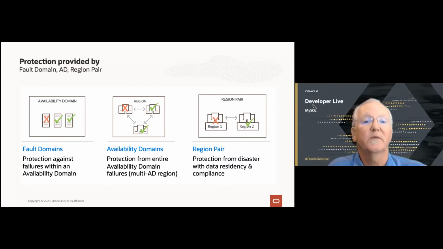Fault domains protect against failures in the ADs. ADs protect regions and regional pairs, and our goal is to have regional pairs in every country so that you have another data center to fail over to. We plan to have a minimum of 2 regions in almost every country where we operate, giving you very high availability. If one region is lost, you can fail over to the other region within a country.